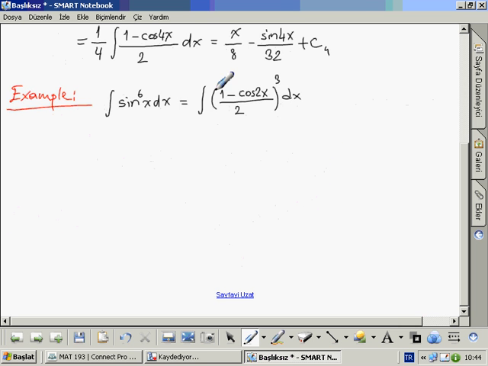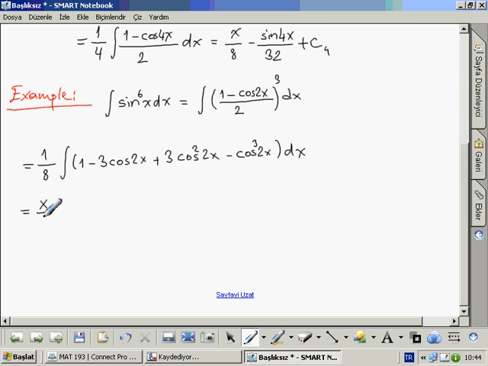When you expand this cubic form, you will obtain 1/8 integral of 1 minus 3 cosine 2x plus 3 cosine square 2x minus cosine cube 2x dx.